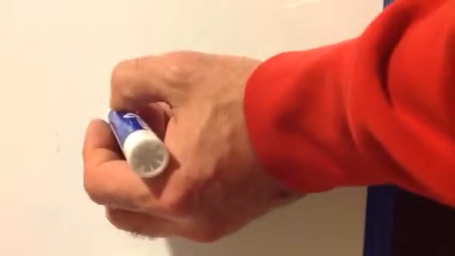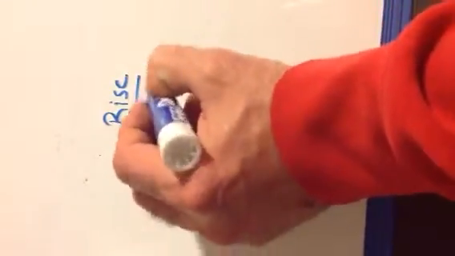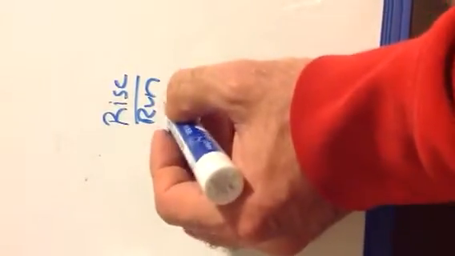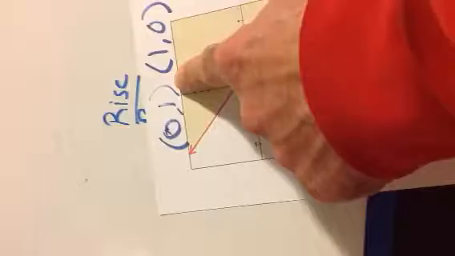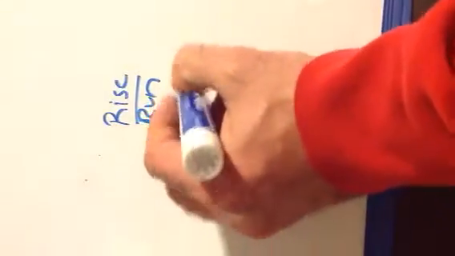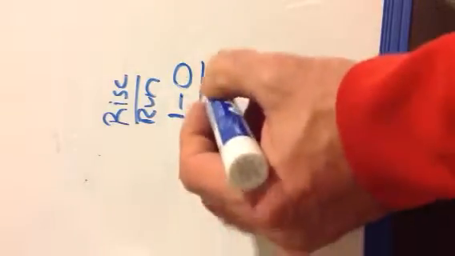Right? So you can take that, let's erase this. You can say the change of the rise over the run, this is how we get the slope. We're saying we can take, and here's the points. We have a 1 and a 0, so we can say 1 minus 0 over 0 minus 1.